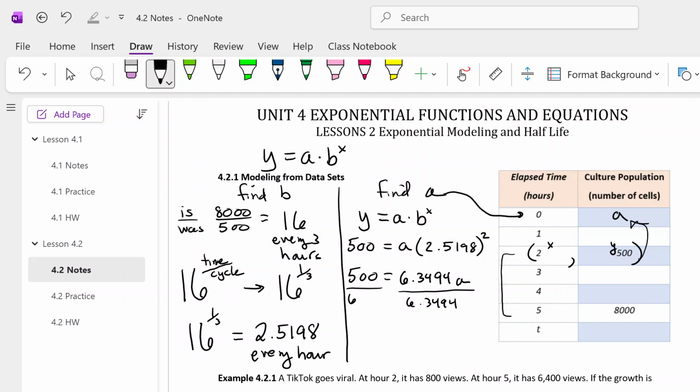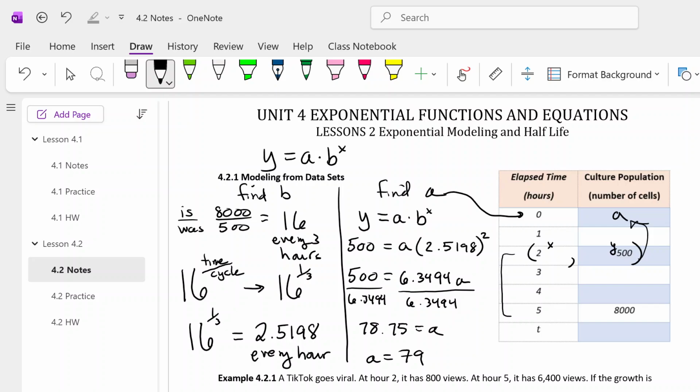And don't be scared of the number of decimals there. It's fine. We're letting the calculator do a lot of the work here. So 500 divided by 6.3494, we get 78.75. So let's call that 79.